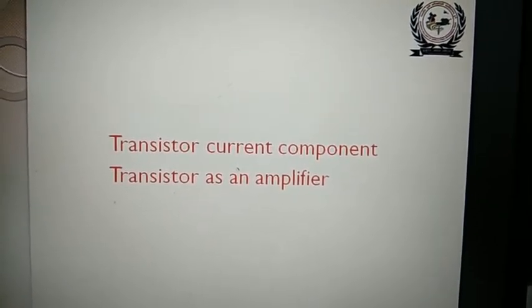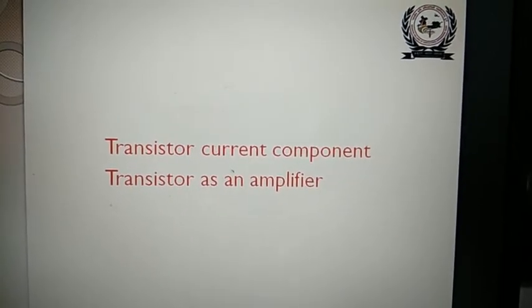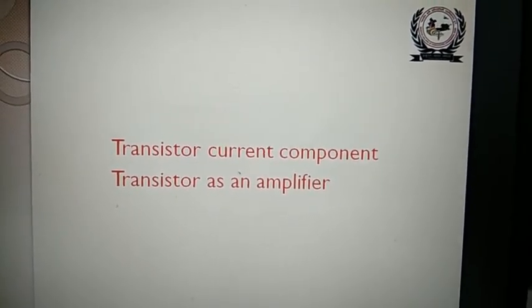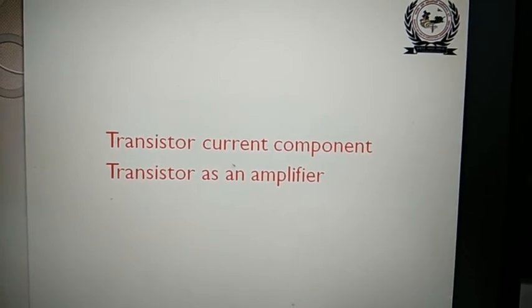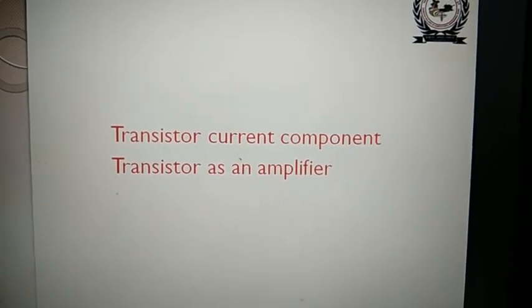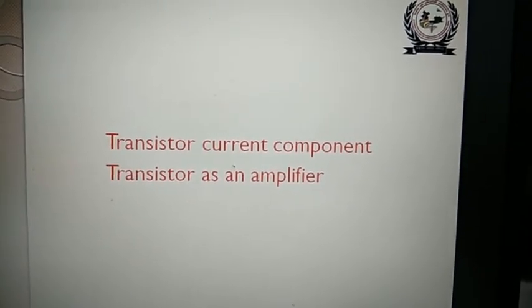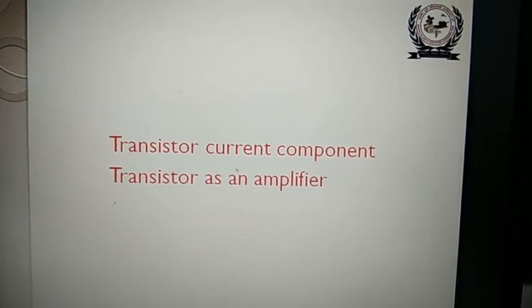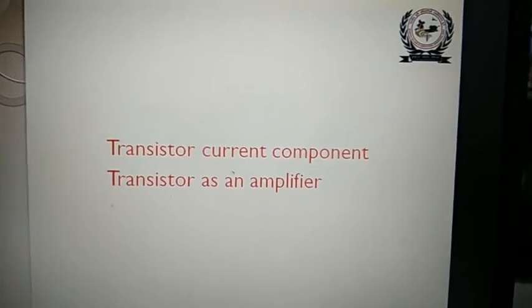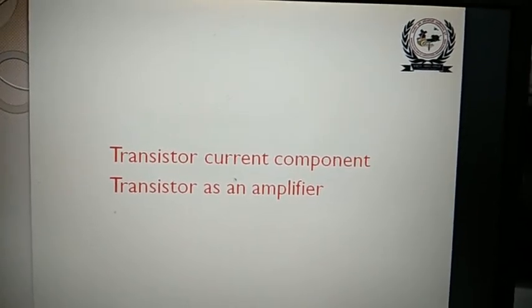Later on we will see the main characteristic of the transistor, which is the operating point of a transistor, that is the Q point, quiescent point. Before that, in this video we will start with the different current components of the transistor as an amplifier.